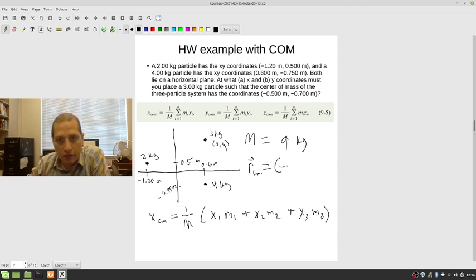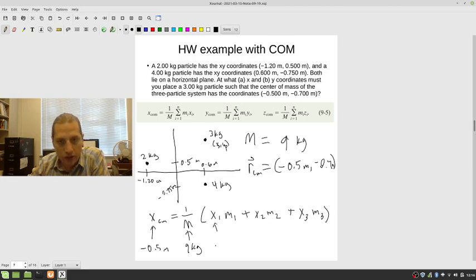They give me as minus 0.5 meters, minus 0.7 meters. Okay, so let's look. This is just part A, where they ask to find this last one. So if I call that x3, y3, for instance, here I know my x center of mass is supposed to be minus 0.5 meters. I know my overall mass is 2 plus 3 plus 4, which is 9 kilograms.